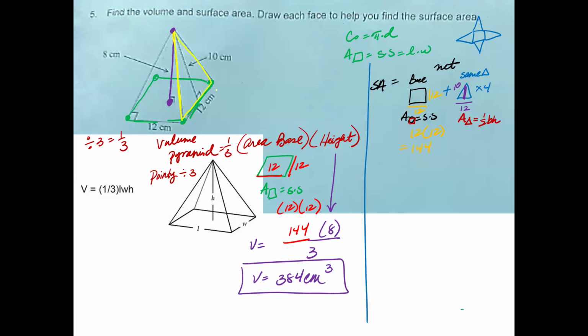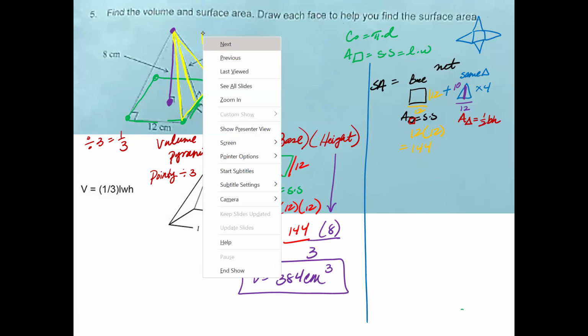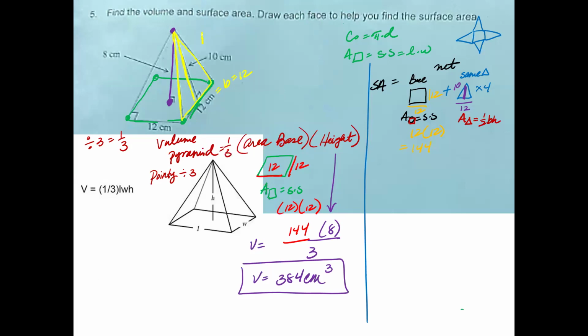Your base here is 12, but then your height is right here. This is actually called a slanted height, which your teacher should have told you about. It's a slanted height, and that is 10. Do you see that? 10.